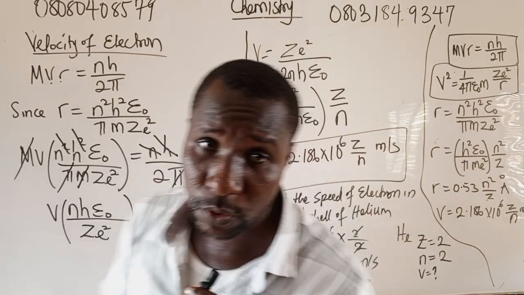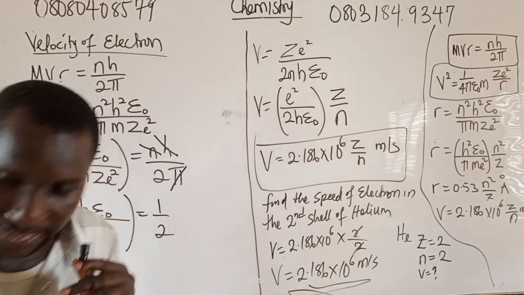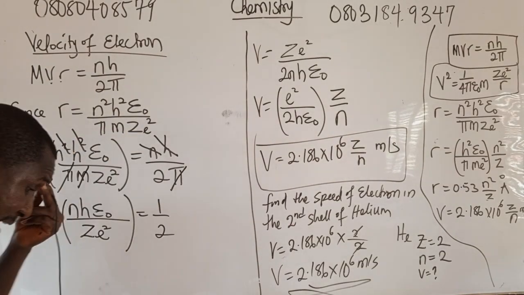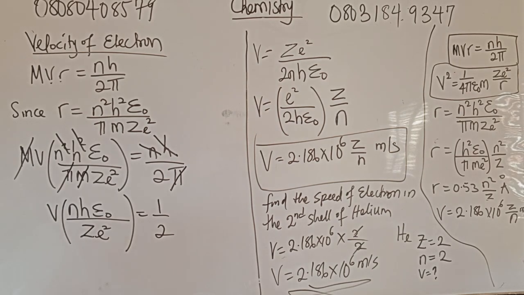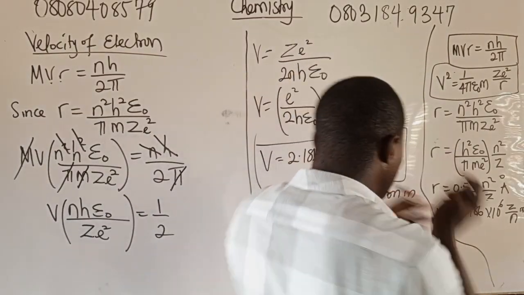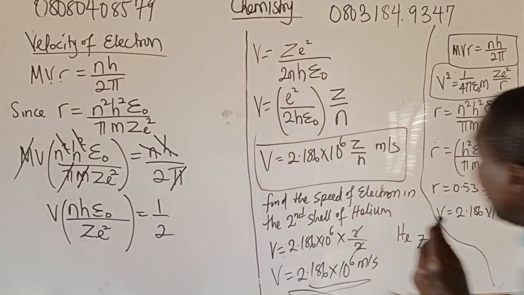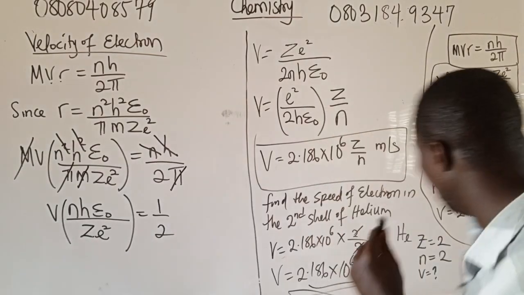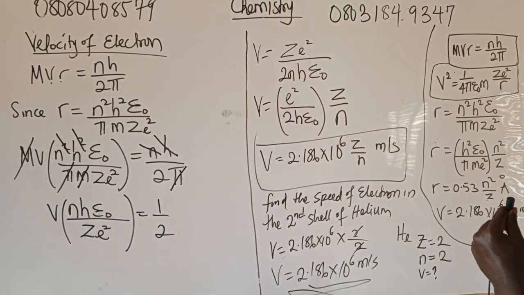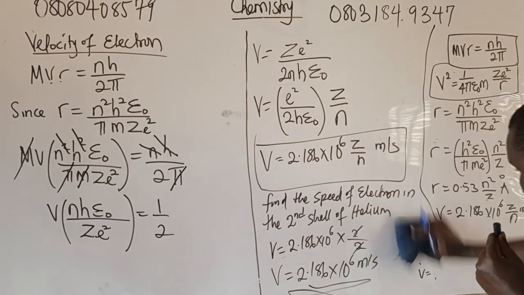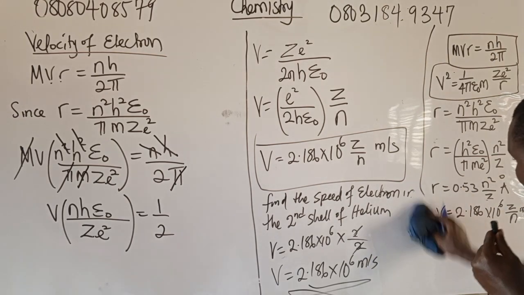Let's move to the next one, our kinetic energy. You can pause the video and write all this. Let me write this one because I will need it in calculating the kinetic energy.